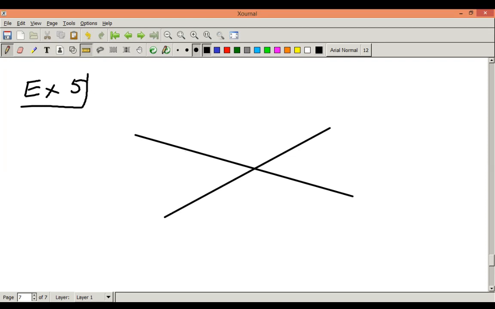We've got a couple of lines that intersect there, so you've got some vertical angles. They meet at point D. And here we have E and H on this first line, and then G and F on the other line.